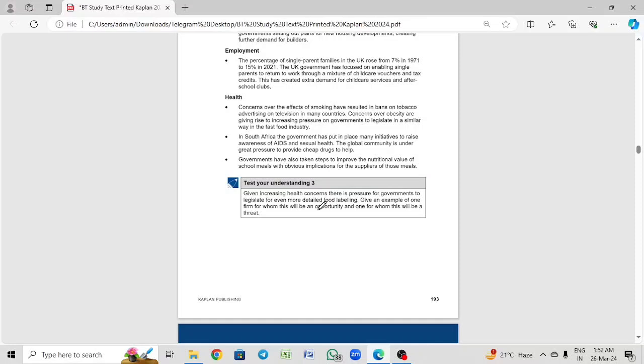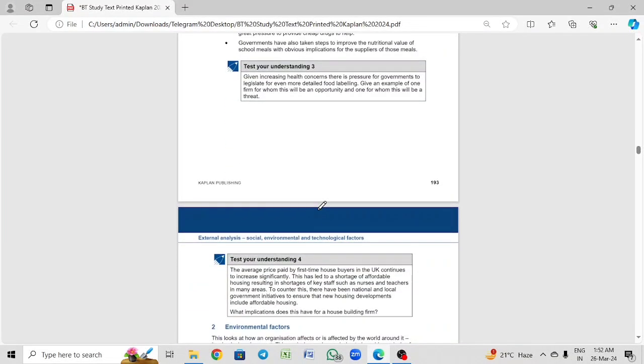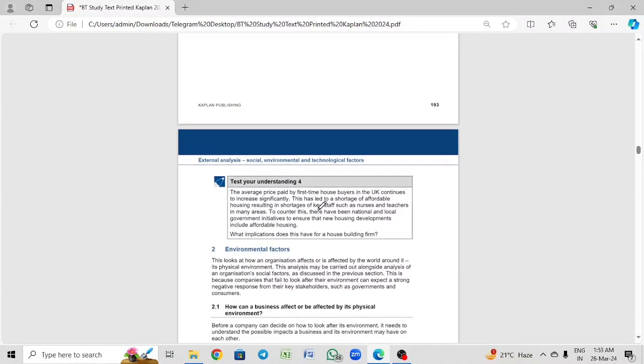So the opportunity might be for those who sell natural products, and the disadvantage for those who sell processed foods. For those who sell natural products, there might not be much requirement of food labeling, and for those who sell processed foods, they need to write each and every detail on the product, so this might increase their cost.